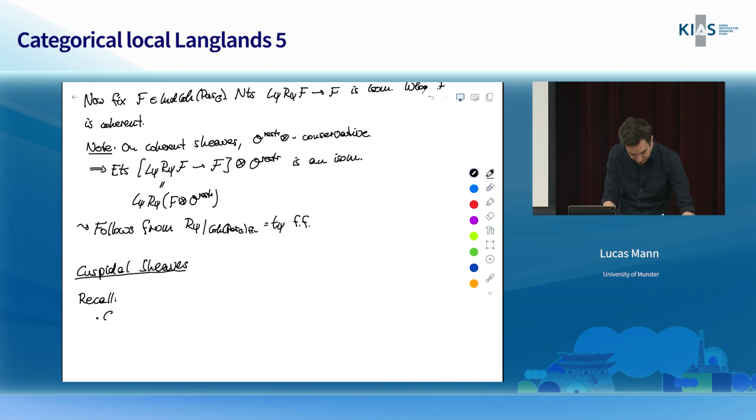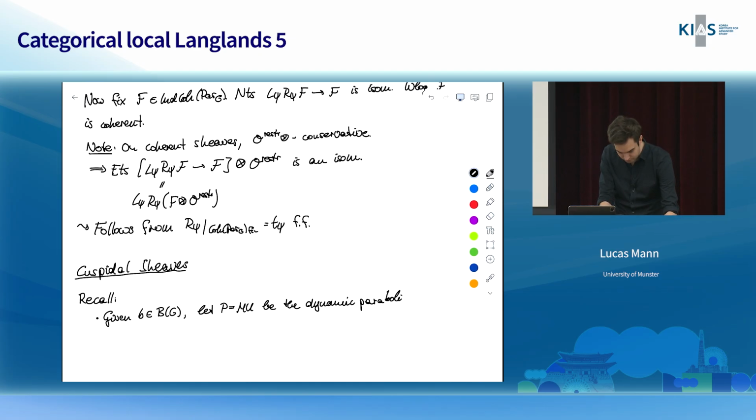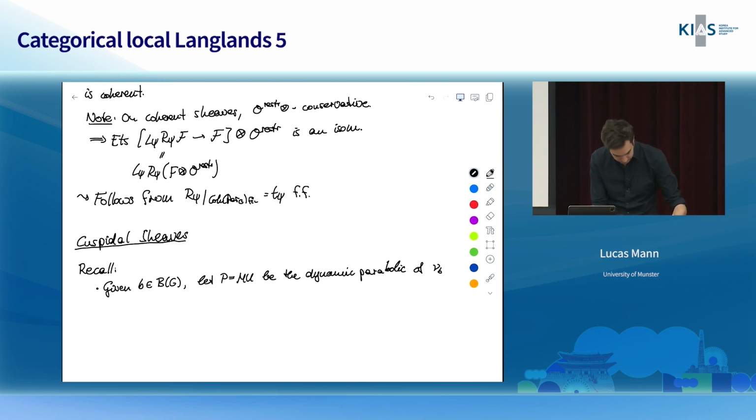Namely, given an element b in B(G), I can let P be the dynamic parabolic of the Newton point, which is some cocharacter of G, and then let b_M in B(M) be the induced element.